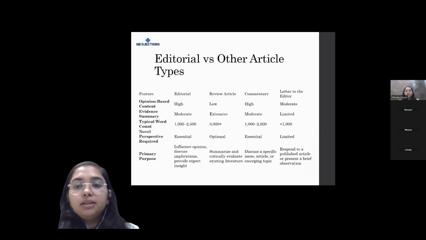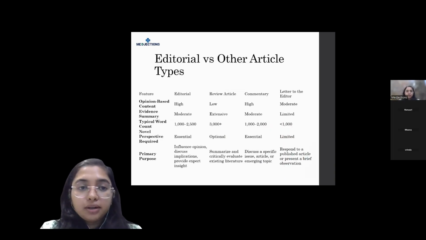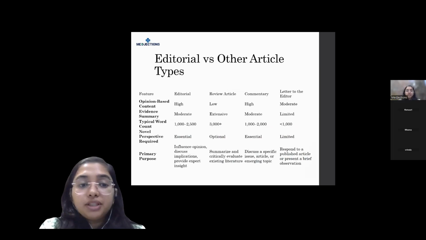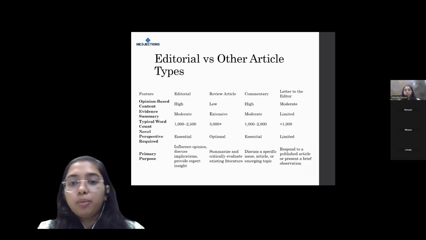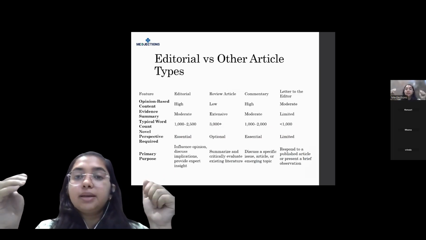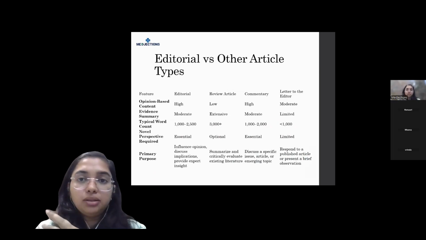Now, you can see here, there are 4 types of letters, like research papers. First is editorial, then review article, commentary, and the letter to the editor. Now, if we see which one is the most opinion-based content, then it is editorial and commentary. What is the difference between editorial and commentary? Commentary is about if there is a submission and the publication of a paper in the journal.